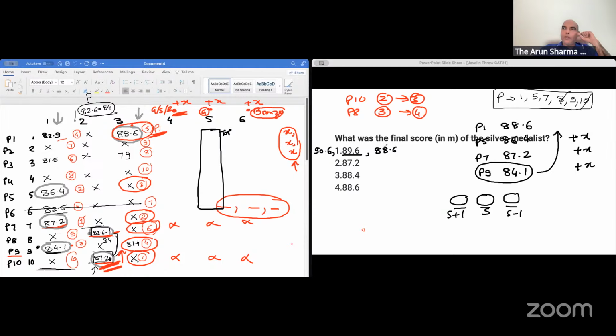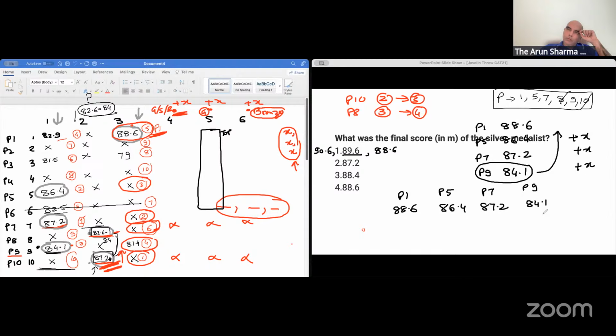So somebody you'll need to take to 90.6. Your numbers, again, this is overlapping with the text here. So I'll rewrite those numbers. P1, 88.6, P5, 86.4, P7, 87.2, and P9, 84.1.